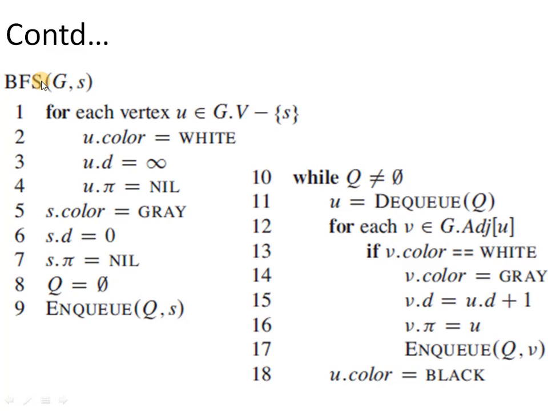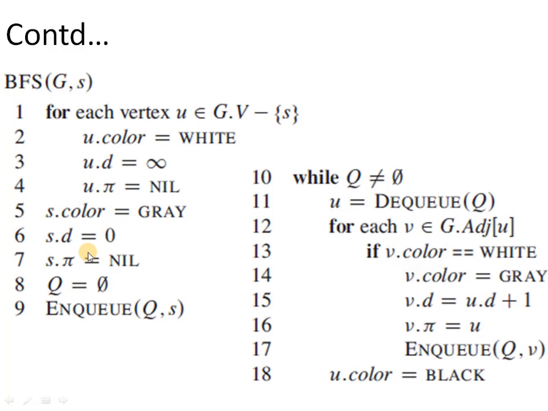So BFS will accept a graph G and a source vertex S, so G comma S. And then we have to set the attributes, that is the color, distance and predecessor, to white, infinity and nil for all the vertices present in the graph except the source vertex.